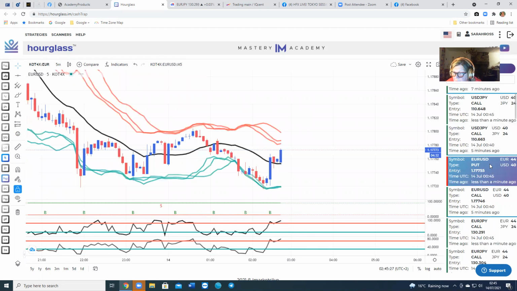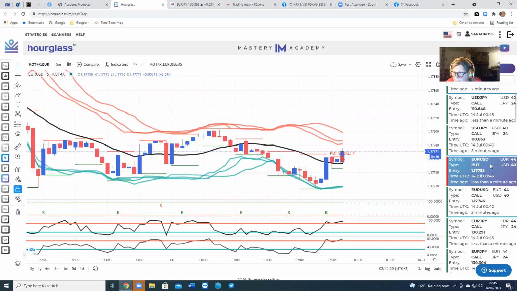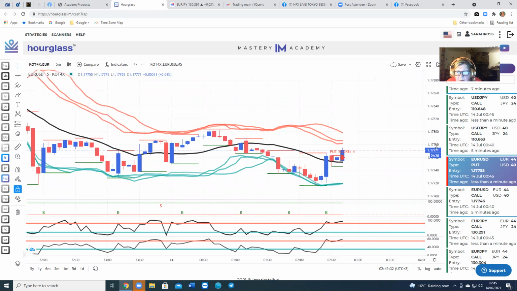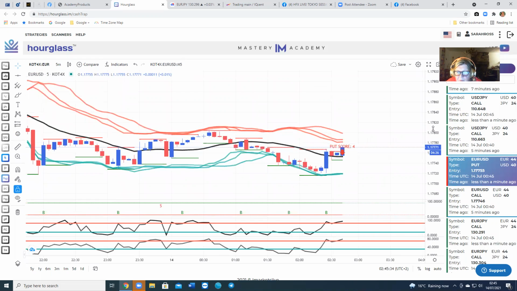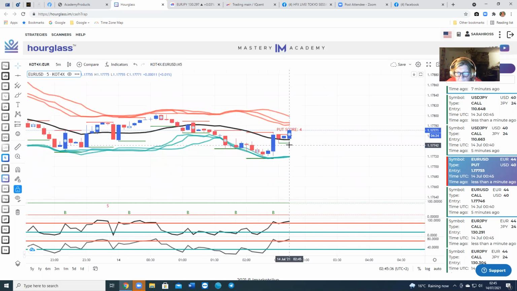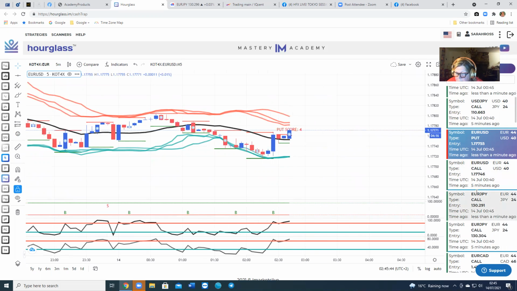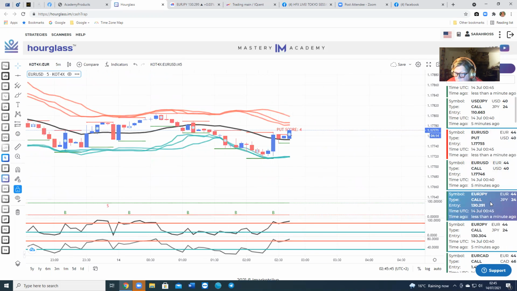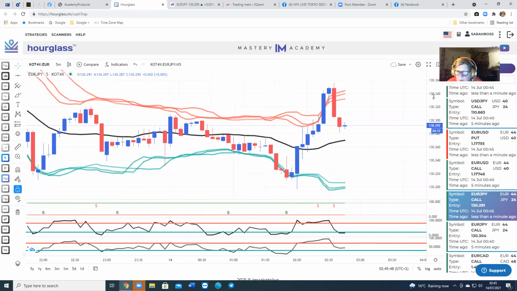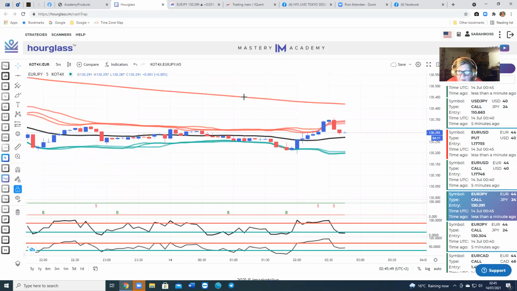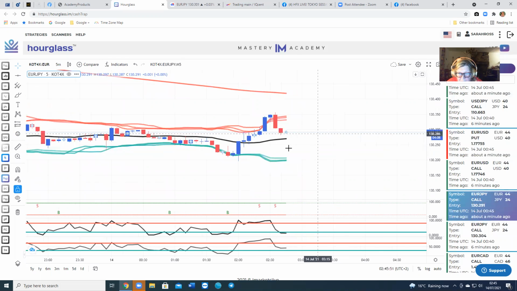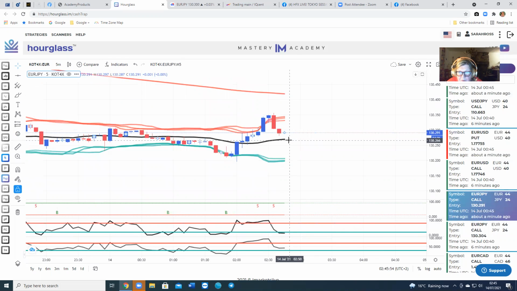Euro USD 44 to 40. Got the moving average above. That's the problem with that. It's in the overbought area. Need it to come down and do anything with that. 44 to 20 on Euro JPY. Got moving average above. We have got it oversold.